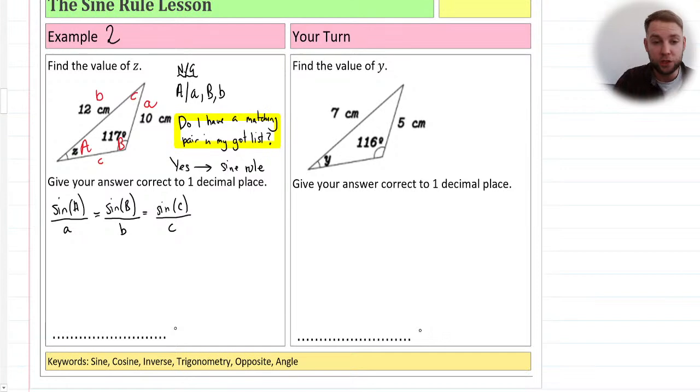Then I'm going to substitute in everything I know. So sine of capital A, which in this case is Z, so sine of Z, all over little a, which is 10, is equal to sine of B, which is 117, all over lowercase b, which is 12.